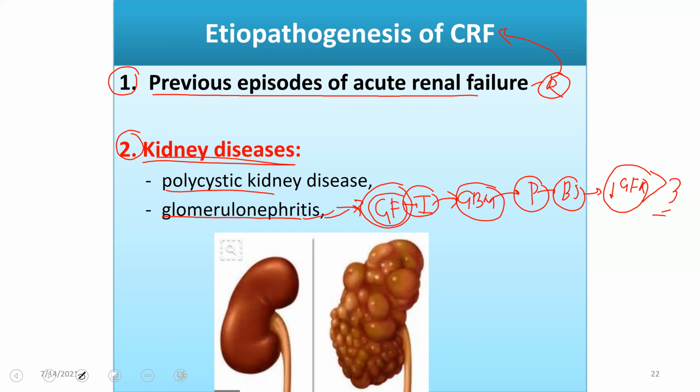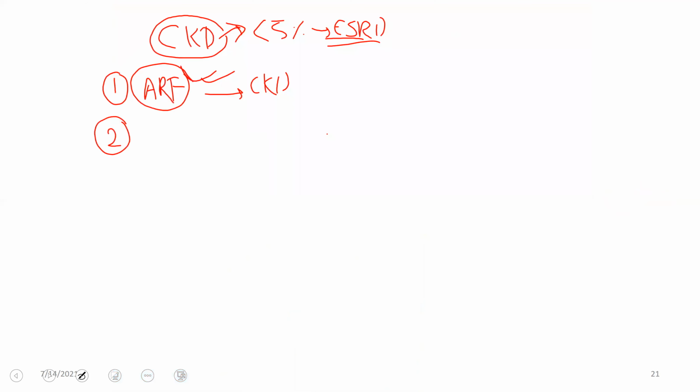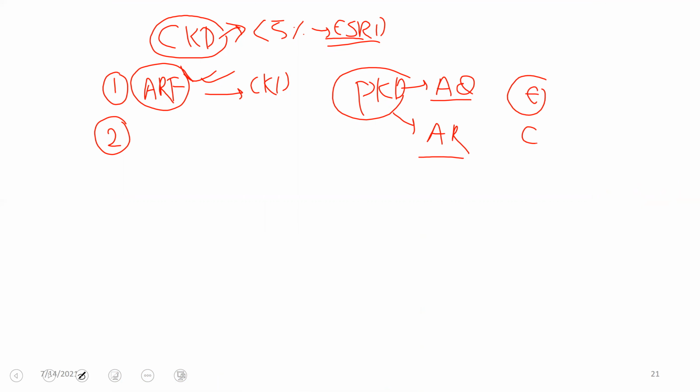Regarding polycystic kidney disease, I will be making a video on that. But let me clarify that polycystic kidney disease, PKD, can be the autosomal dominant variant or the autosomal recessive form. Whether dominant or recessive, in both diseases there will be a lack of communication between the excretory part and the collecting part of the kidney.